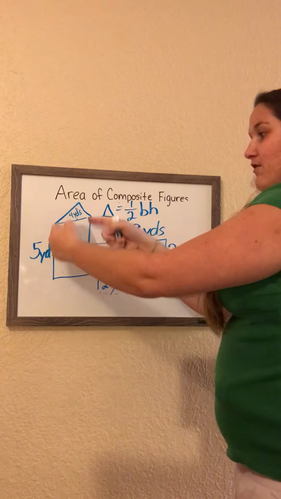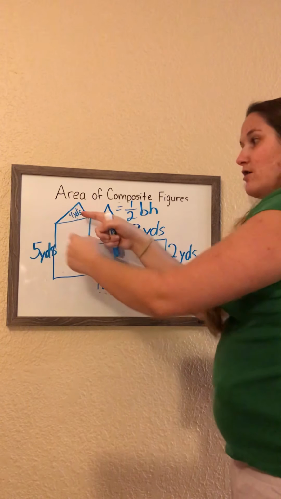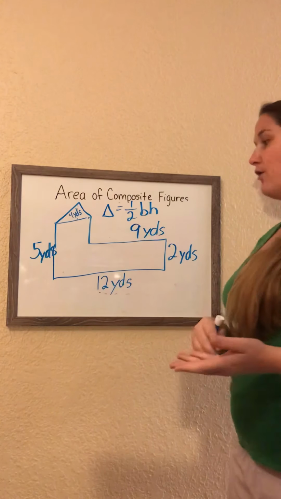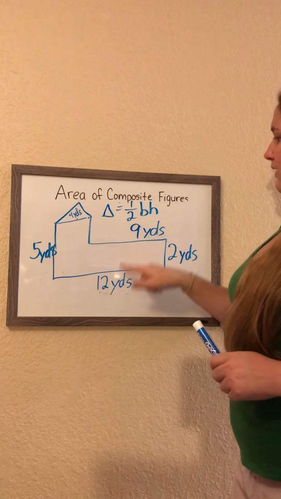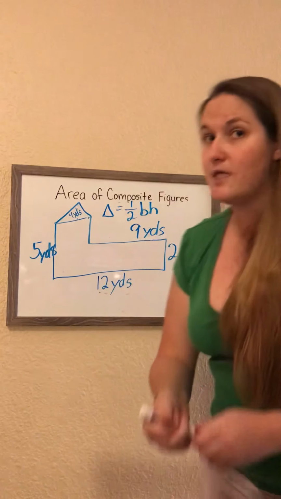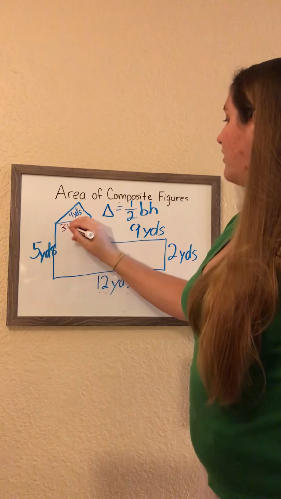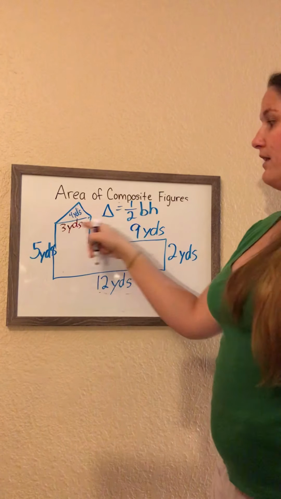And this spacing for the rectangle should stay consistent the whole time. Since the rectangle shares a side of the triangle, they should go together. So what's 12 yards minus 9 yards? I'm going to label new information that we're figuring out in a different color. So that one should be 3 yards for the width.